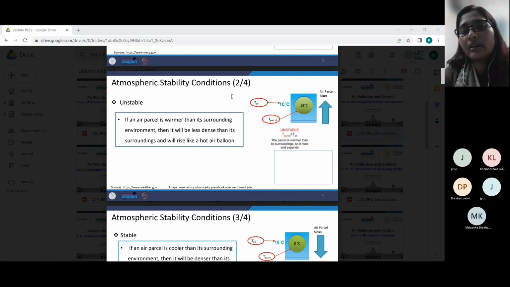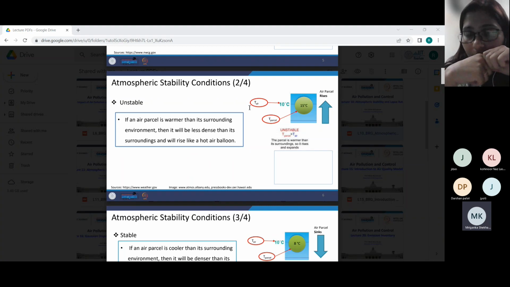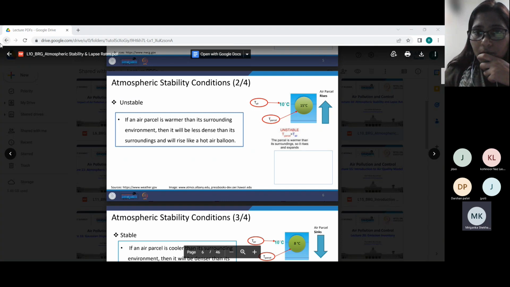Without just reading that, just explain from these two temperatures, what can you say about the atmospheric condition? Ma'am, because the temperature of the air parcel is more than the ambient air temperature, there is no chance of expansion. So this will also be a case of unstable atmospheric condition.